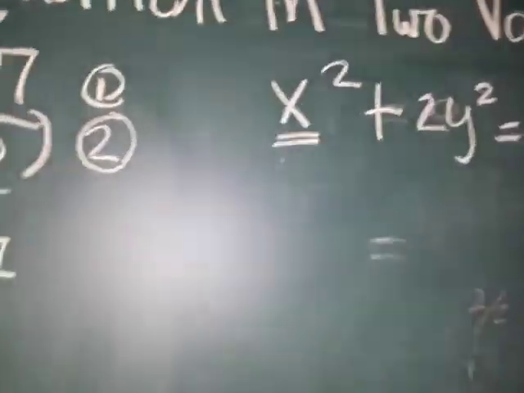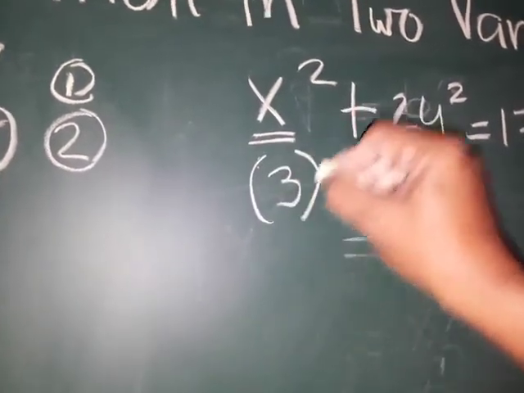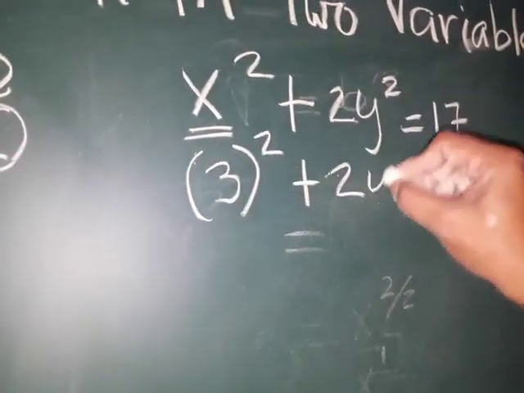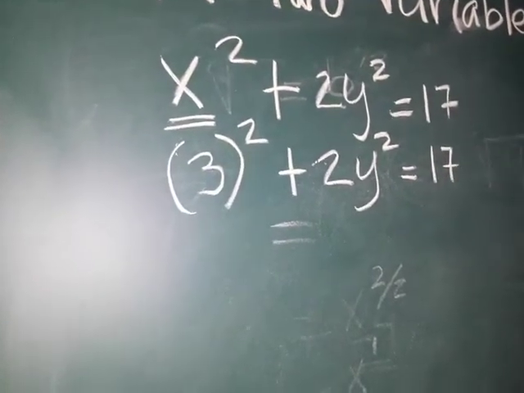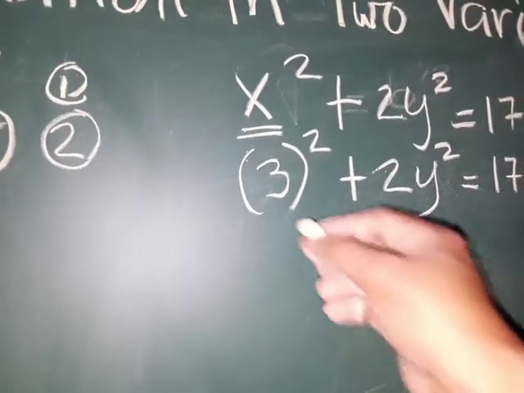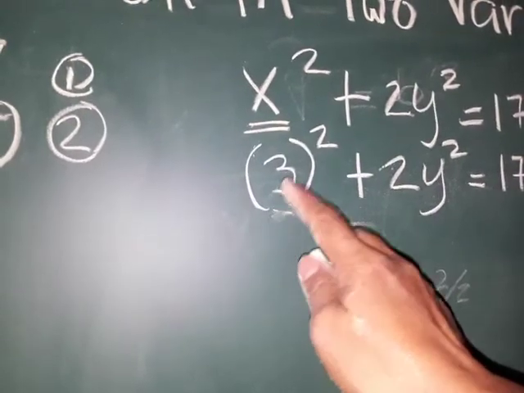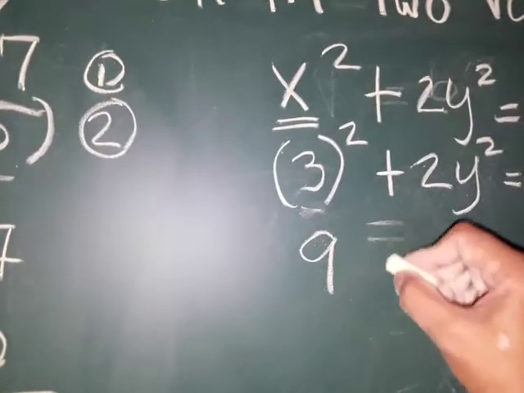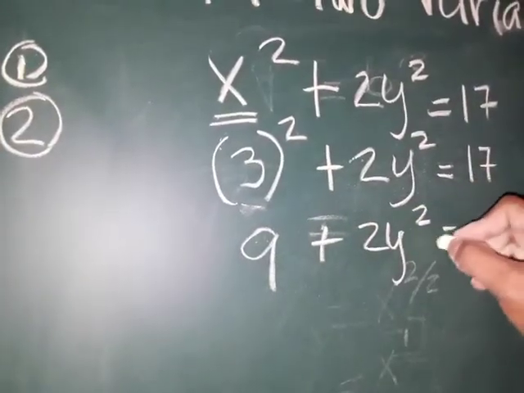Substitute means we replace it. So x becomes 3 squared plus 2y squared is equal to 17. Next, 3 squared means you're going to multiply the base twice, so you multiply 3 two times. So 3 times 3 equals 9 plus 2y squared is equal to 17.